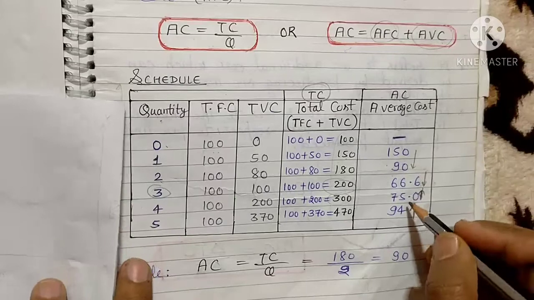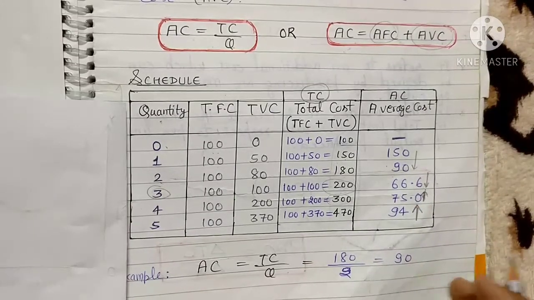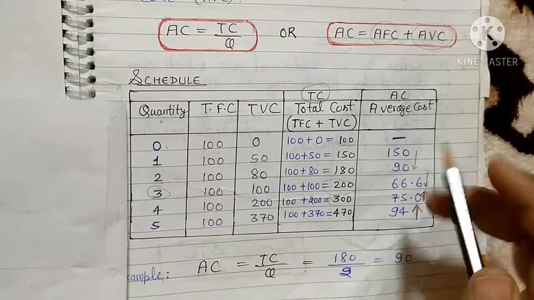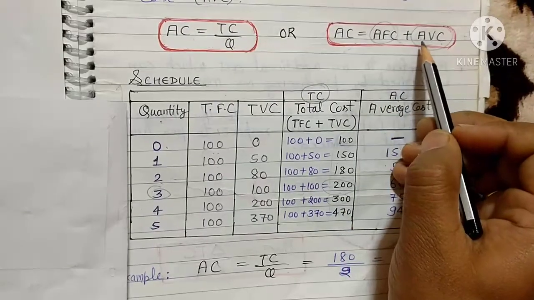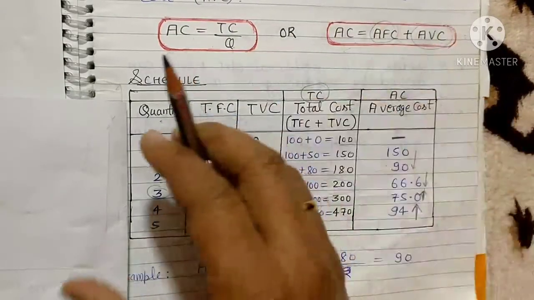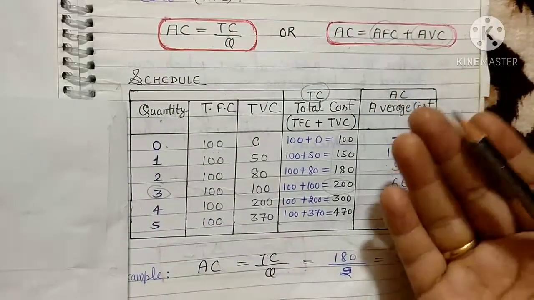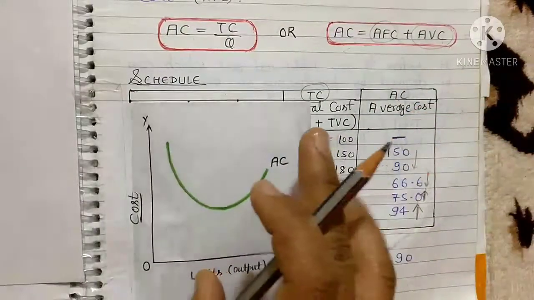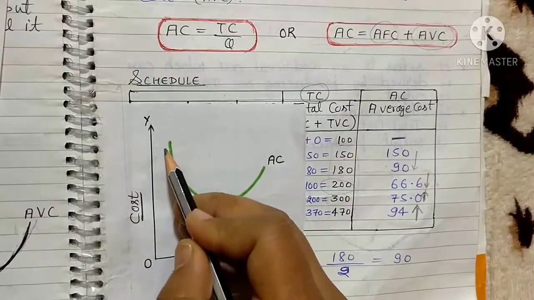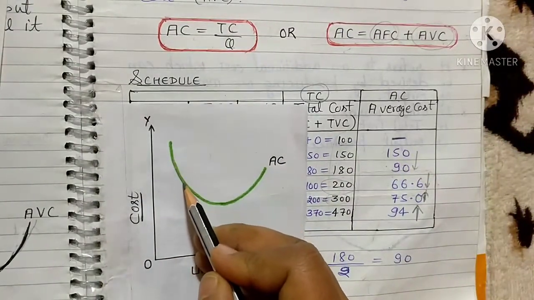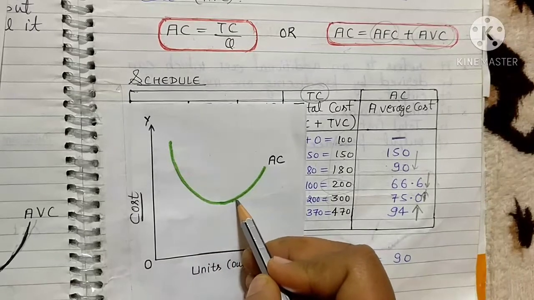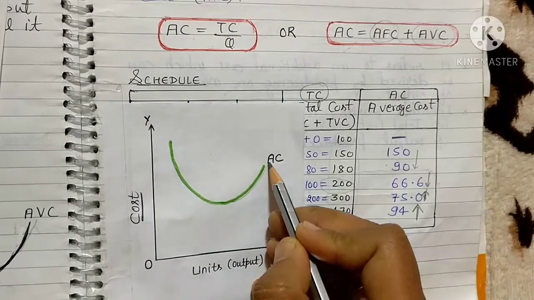So first decreasing, and then after some point it started increasing again, because it is a sum of AFC and AVC, and we have seen that in AVC also it first decreases then starts increasing. So when we add both of them, this curve will come a little upper side like this. Started from here 150, then coming down till 66.6, and then again started increasing, 75, 94 like this.